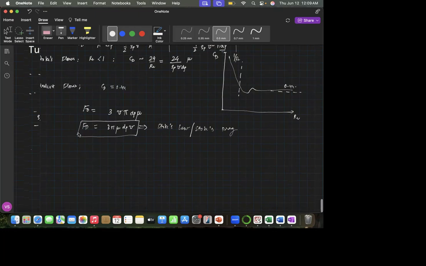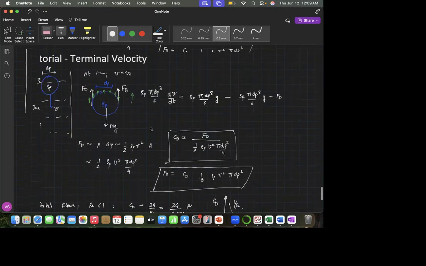So let's put this back into our differential equation and divide by this term.